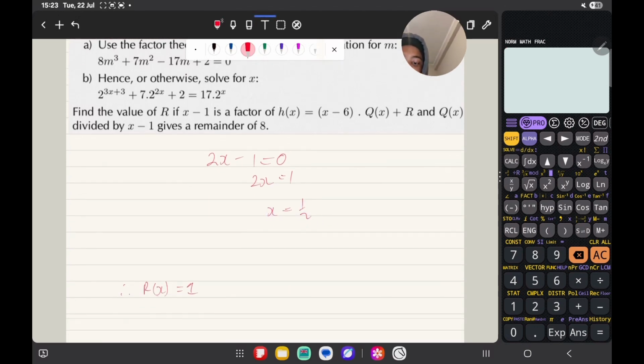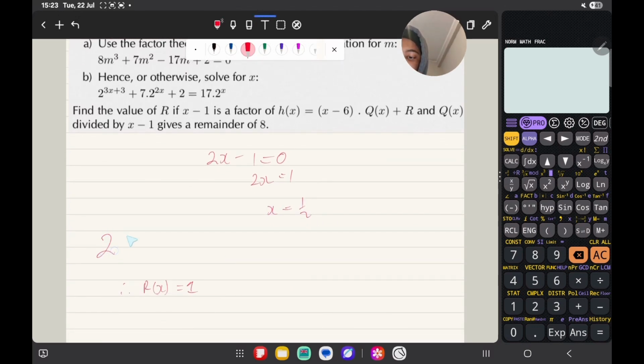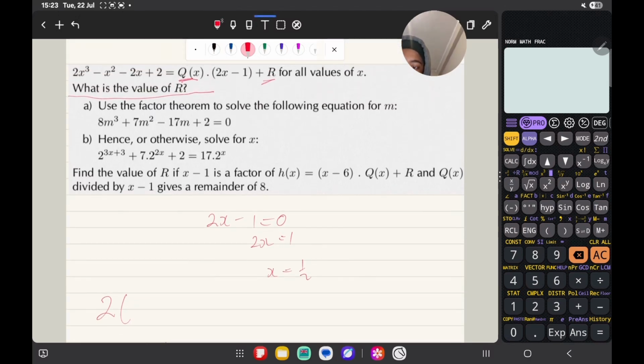And then you substitute half, so you have 2 times 1 over 2 squared, minus 2 times 1 over 2, plus 2, right?